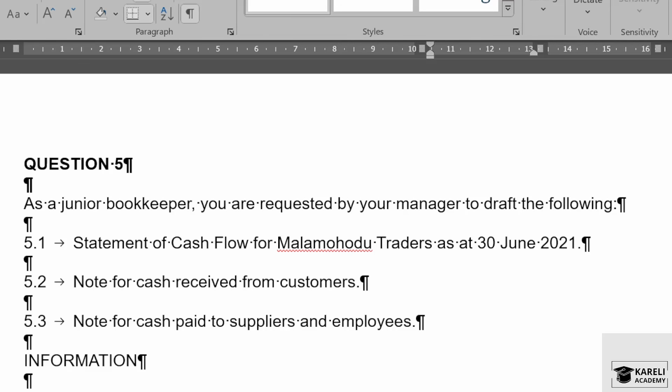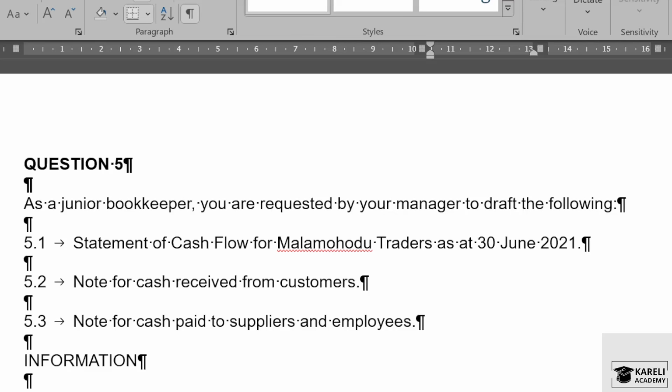All right, question 5 reads: as a junior bookkeeper, you are requested by your manager to draft the following. You must draft statement of cash flow for Malamaholo Traders as at 30 June 2021.